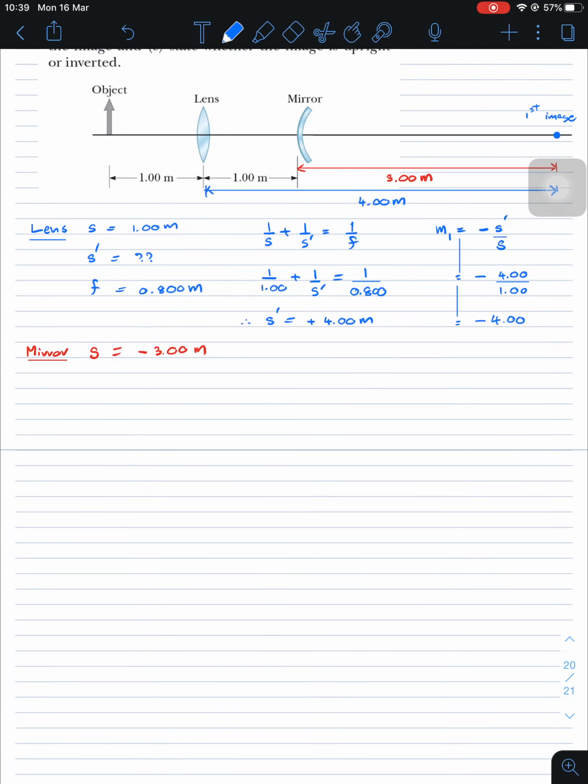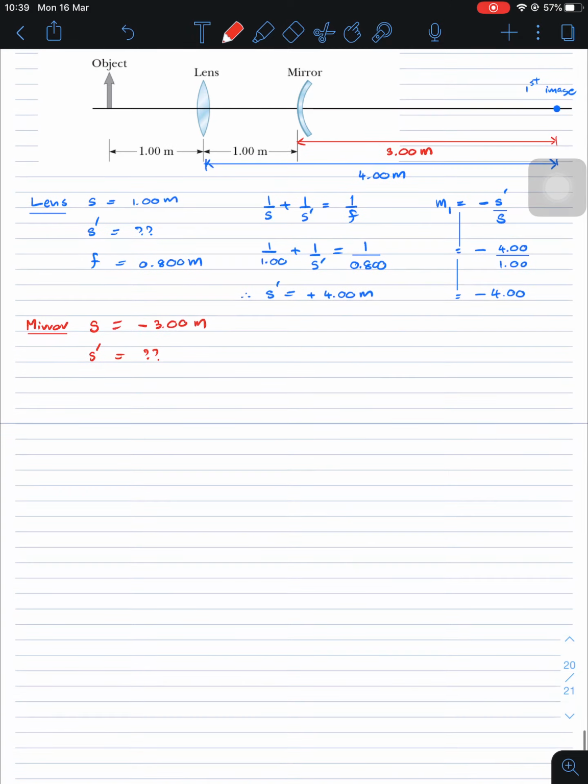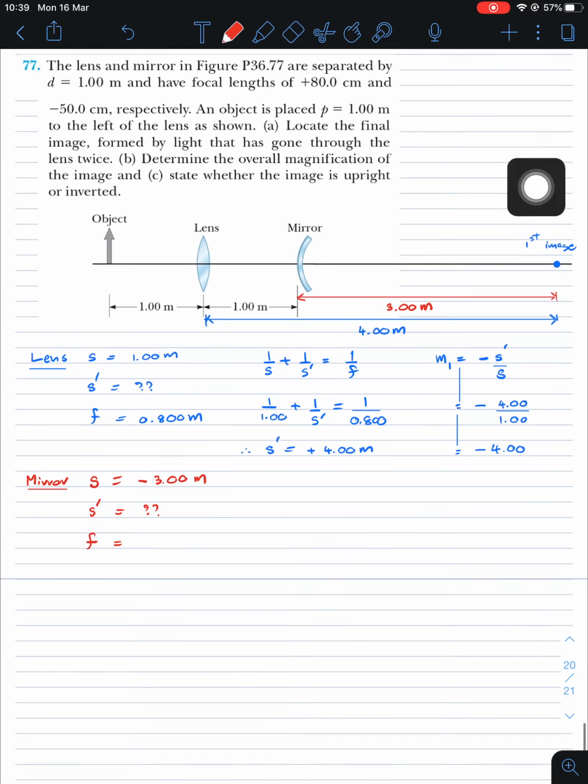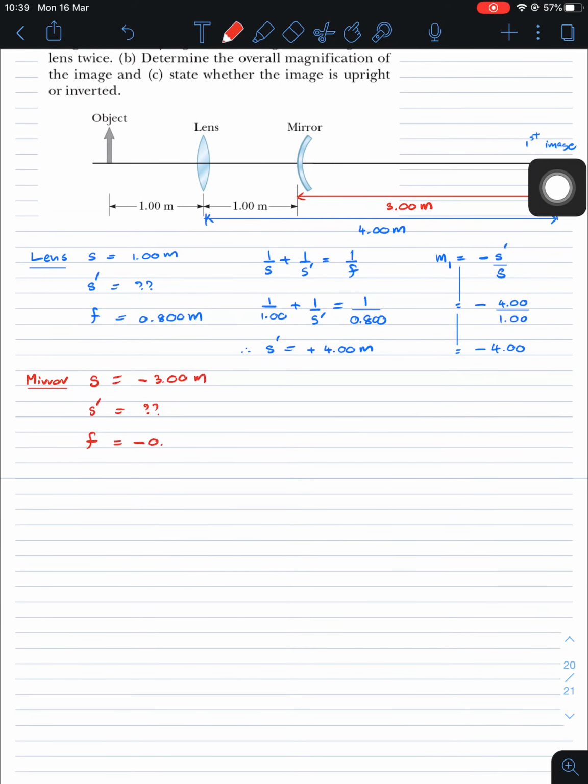Then we want to find the S prime. For the convex mirror, F equals minus 50 centimeters, so equal to minus 0.500 meter here.